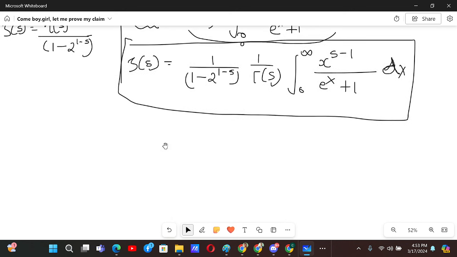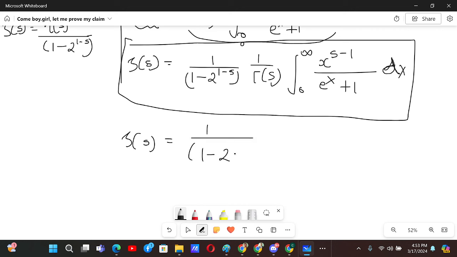Yeah, let's do it. First of all, let's use the integration by parts. Zeta of s equals 1 by 1 minus 2 to the power 1 minus s, times 1 by gamma of s, and then firstly let us write 1 by e to the power x plus 1 as it is, and the integral of this will be x to the power s by s.